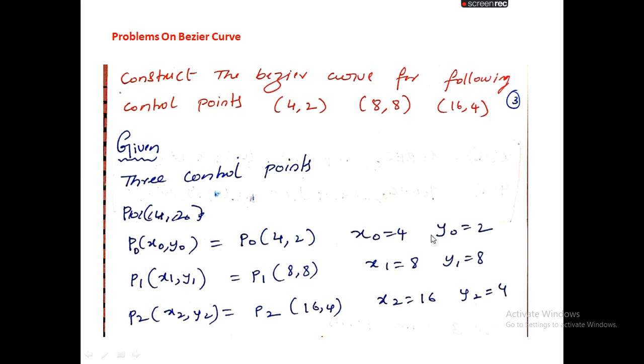This is our first control point. The second control point is P1 of 8, 8, where X1 is 8 and Y1 is 8. Similarly, the third control point is P2 of X2, Y2, where X2 is 16 and Y2 is 4. So these are the three control points given.